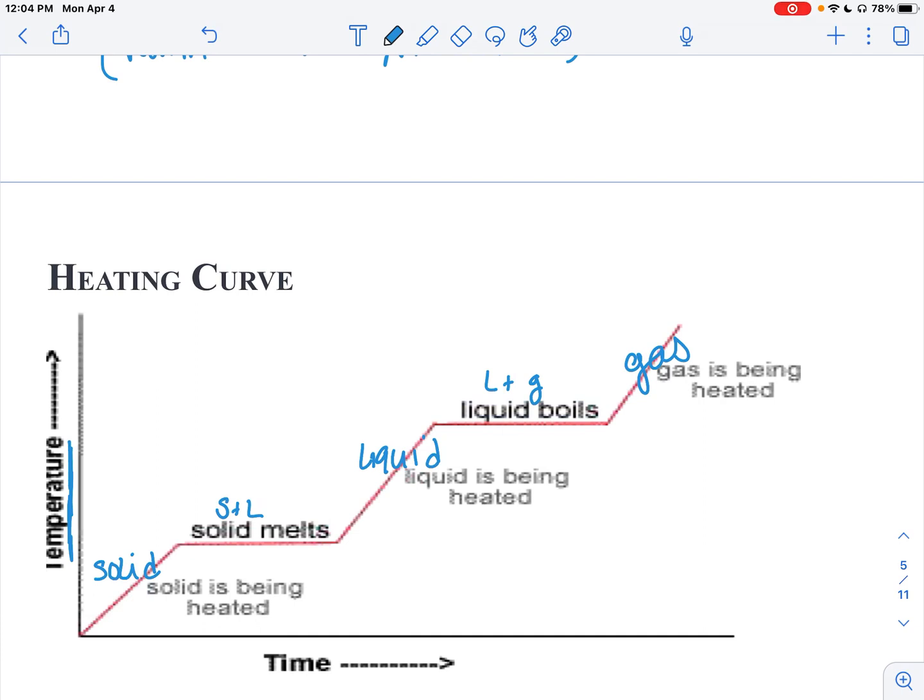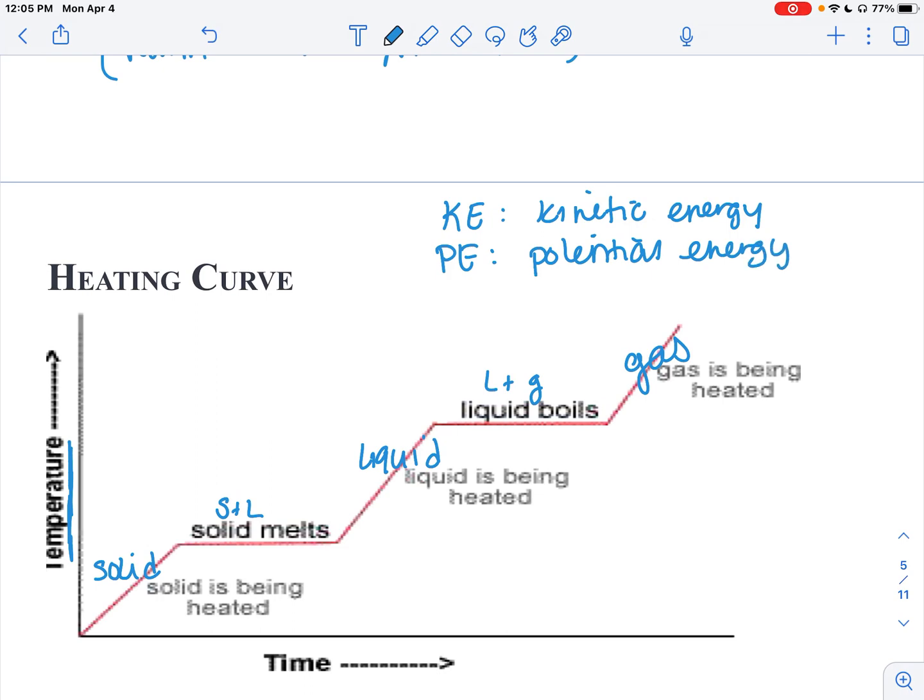We also want to talk about the energy types and what's happening to them. We have two different types. KE is kinetic energy, and PE is potential energy. Kinetic energy is directly related to temperature. So kinetic energy goes with temperature. So when temperature changes, the KE changes.